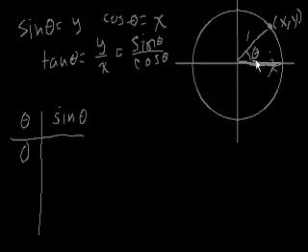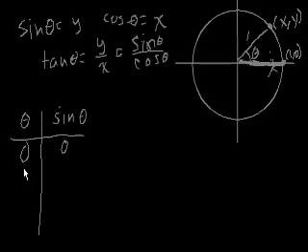The radius intersects the unit circle at the point 1, 0. So if it intersects the unit circle at 1, 0, then sine of theta is just the y coordinate, so sine of theta is 0.